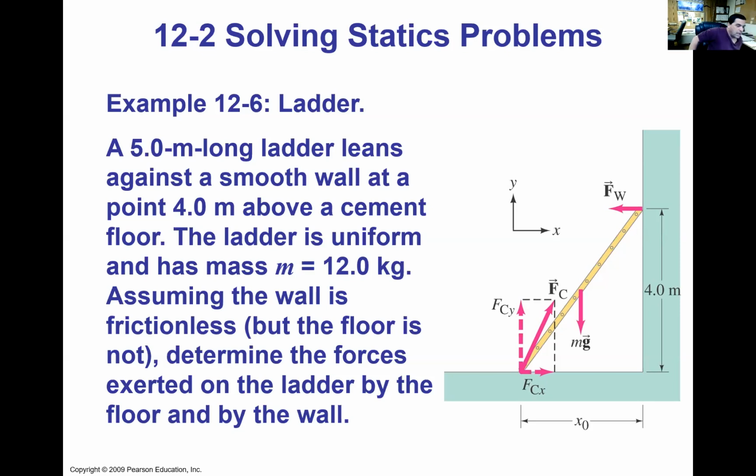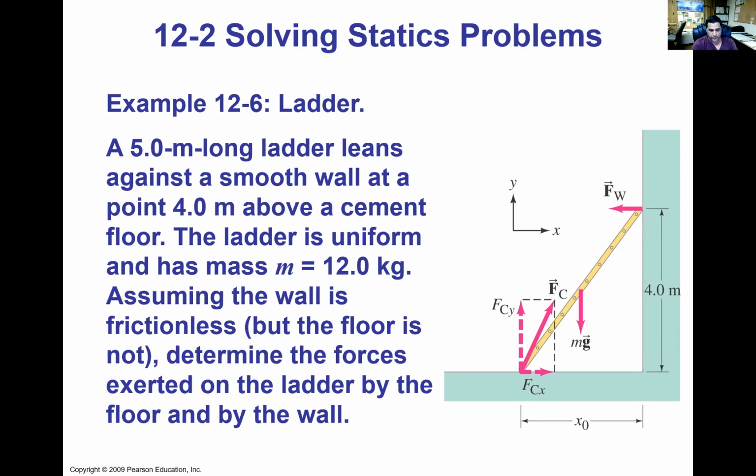They want to know, if we have a 5-meter long ladder that leans against a smooth wall, so the wall is frictionless, at a point 4 meters above the floor, the ladder is uniform and has a mass of 12 kilograms.